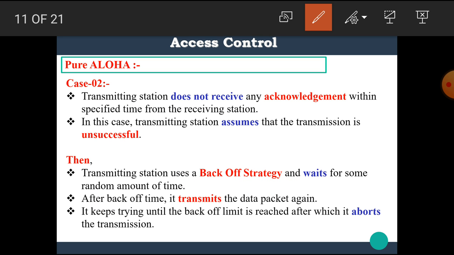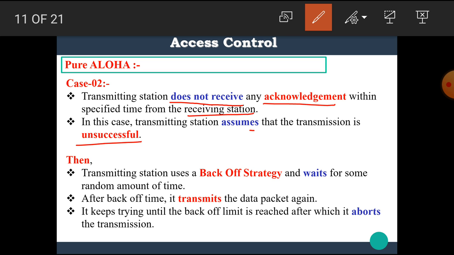The second case is that the transmitting station does not receive an acknowledgement within the specified time from the receiving station. In this case, the transmitting station assumes that the transmission is unsuccessful.